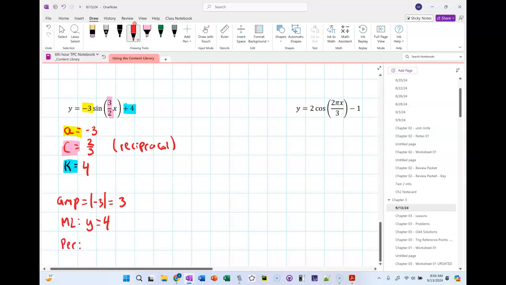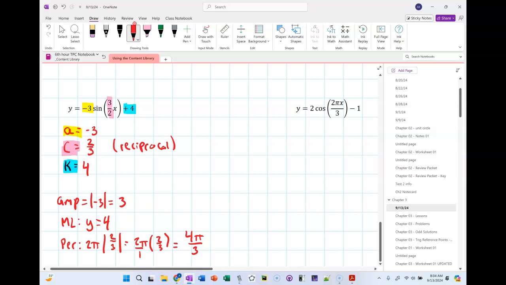And my period is 2 pi times the absolute value of c. Well, the absolute value of 2/3 is just 2/3. And to multiply fractions, I'll think about 2 pi as 2 pi over 1, and we just go straight across. So that's 4 pi over 3.